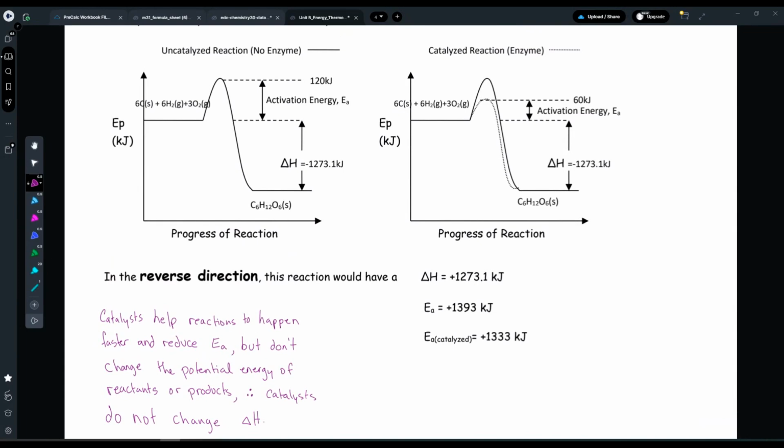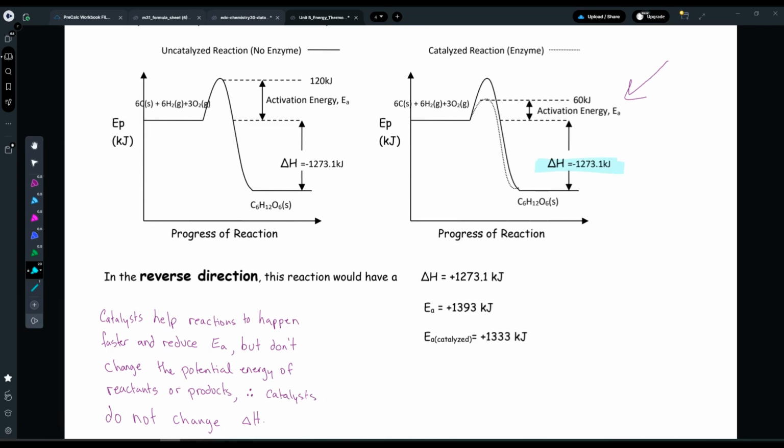All right, looking at these potential energy diagrams, once again I'm just looking at the right-hand side. Notice that for the forward reaction, the change in enthalpy is negative 1,273.1 kilojoules.